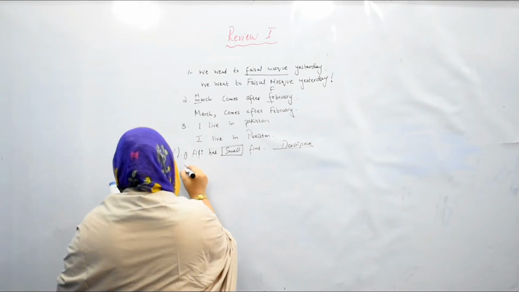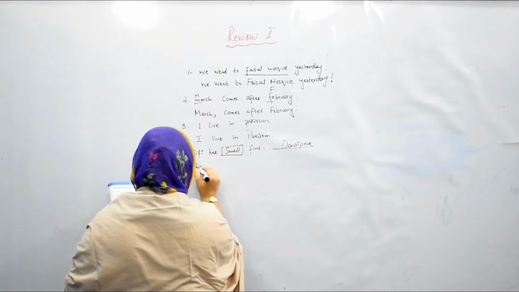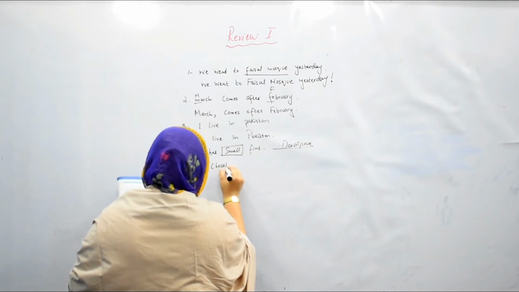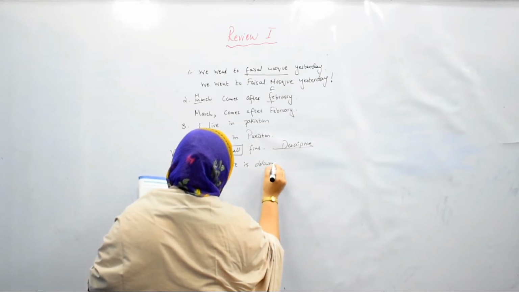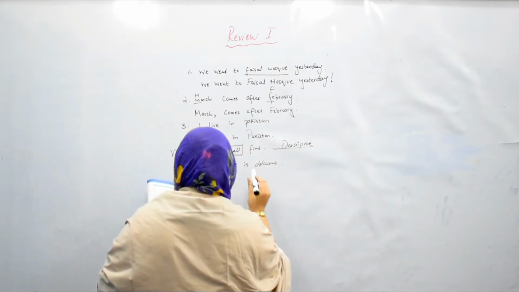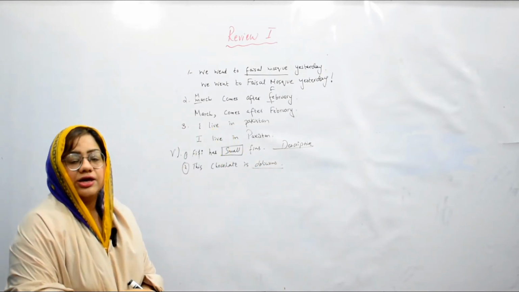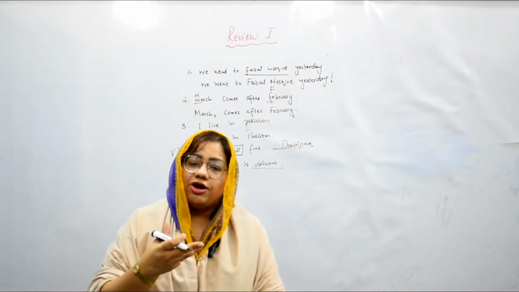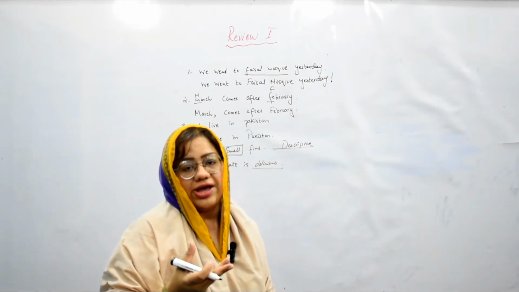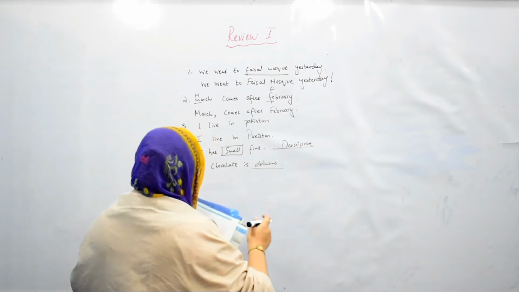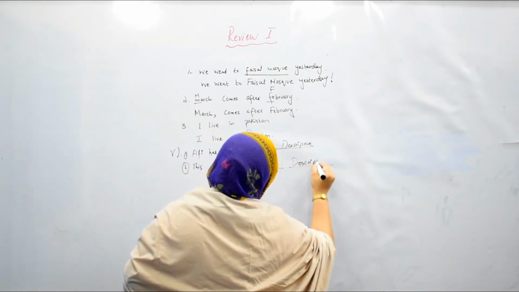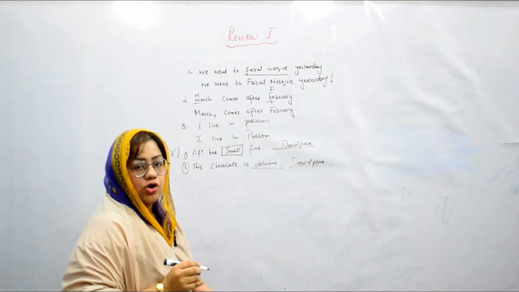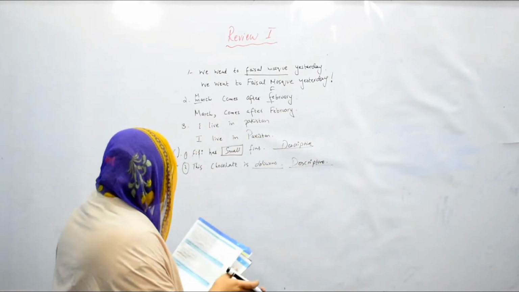Number 2, this chocolate is delicious. Now you can see that delicious is a descriptive adjective. So which one is this? Descriptive. I hope you are understanding these.